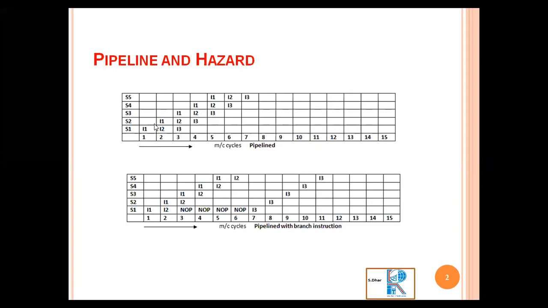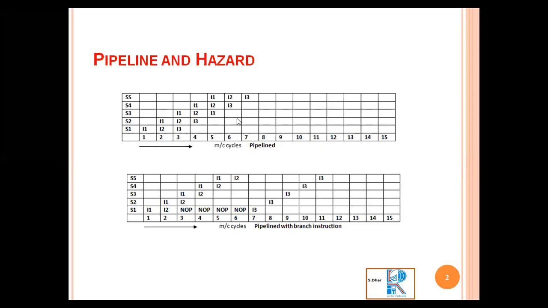Then in the second cycle, I1 will do S2 and I2 will do S1. In this way, it will go, and this is the completion. That means, as there are 3 instructions and 5 stages, there will be 5 plus 3 minus 1. That means n plus s minus 1 total number of cycles is required if the execution happens in a pipeline.